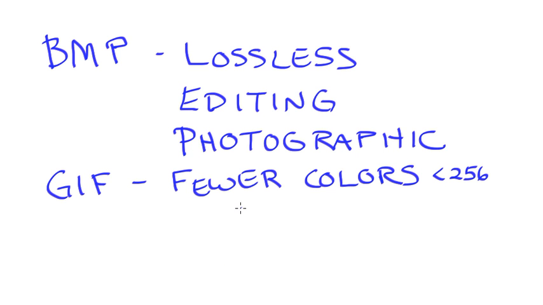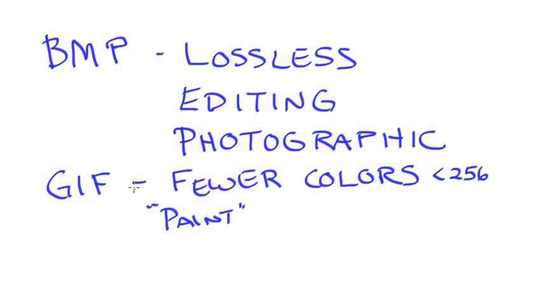So if you created something in a bitmapped program like Paint, and you created circles and squares and text, and they were relatively all the same color, variations of color, not many colors, logo type things, a GIF would be very well designed for that.